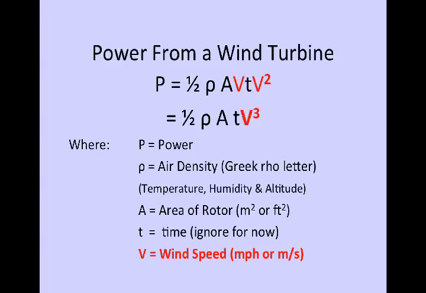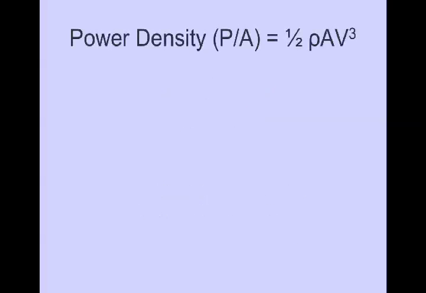But in the top line we have v squared, and because we're multiplying that times v again, we're going to be able to simplify it and just use v cubed, or whatever wind speed multiplied by itself 3 times. So P/A is known as the power density, and notice we've taken the T piece out of this. So 1/2 times the air density times the area times the velocity of the wind cubed.